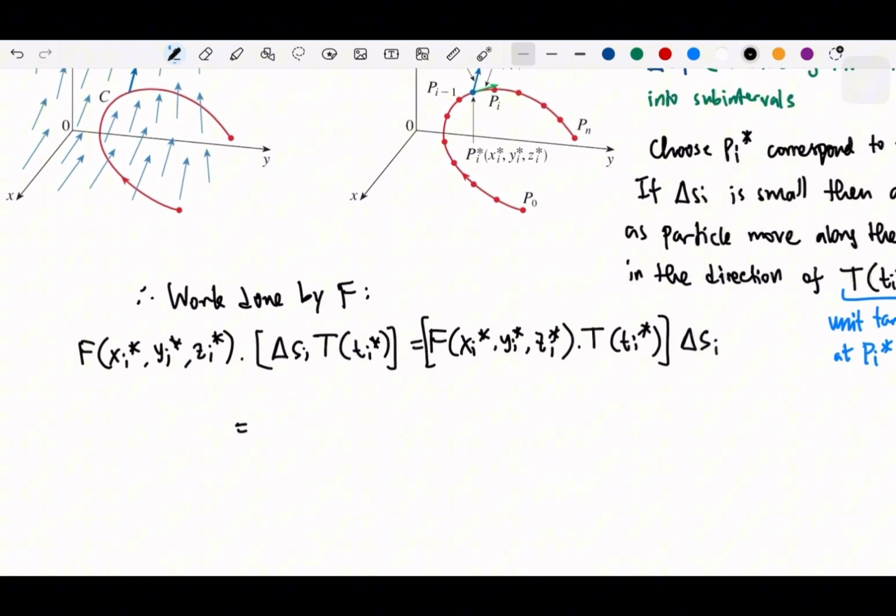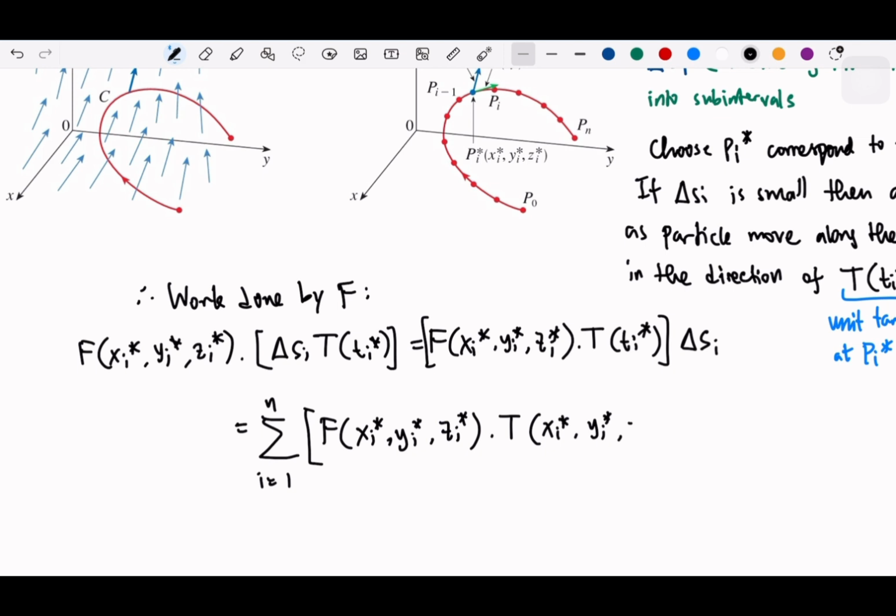And so we can write this as the sum, and we can also exchange the T using the same x, y, z, and then delta S i.